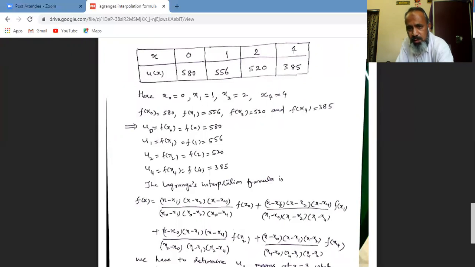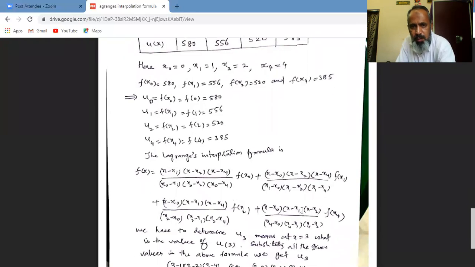Similarly, for the second term, we write (x minus x0), leaving x minus x1, into (x minus x2)(x minus x4) by (x1 minus x0)(x1 minus x2)(x1 minus x4) into f of x1.